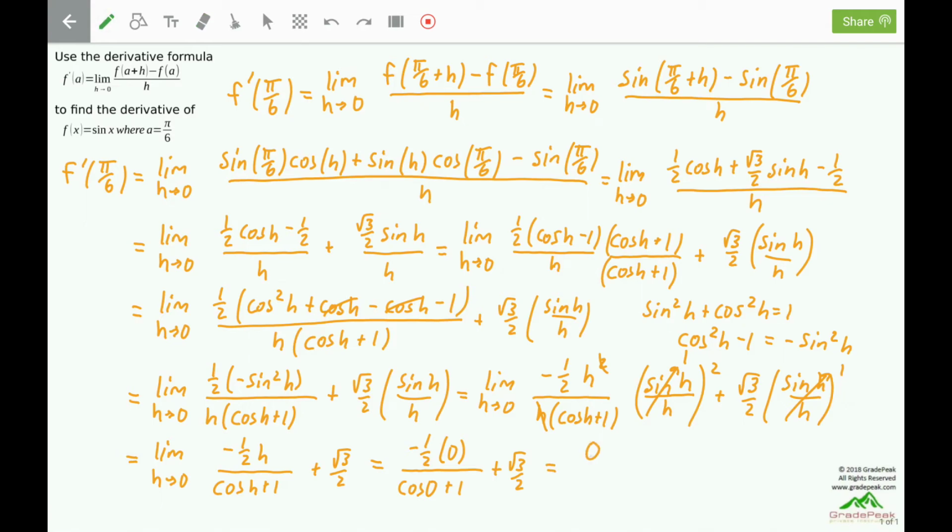Negative 1/2 times 0 is 0. The cosine of 0 is 1. Zero divided by any non-zero number is a 0, so we just have 0 plus root 3 over 2, which is going to come out to root 3 over 2. That represents f prime of pi over 6, which is the derivative of f of x with pi over 6 then plugged in for x.